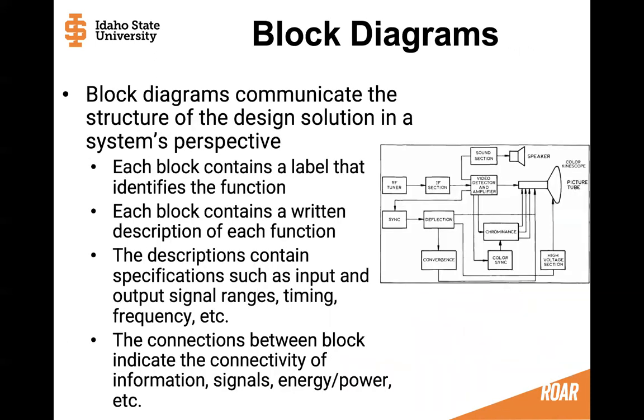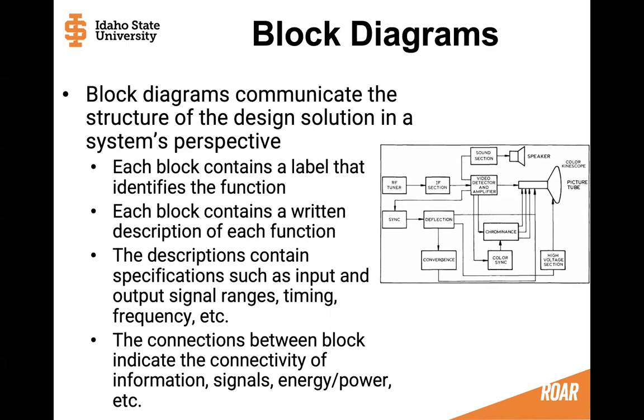So the block diagrams communicate the structure of the design solution from a system perspective. Each block diagram is going to have a label that identifies what it does. It should have a description of the function. And then the description should also contain specifications. So for that single block, inputs, outputs, ranges, timing, frequency, voltages, currents, all these types of things.